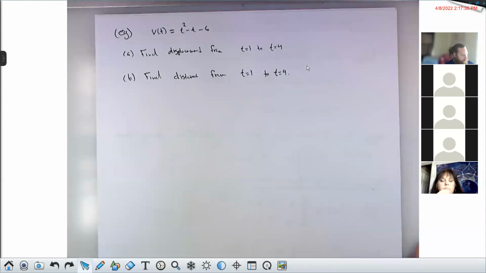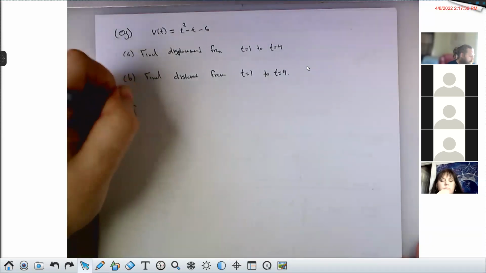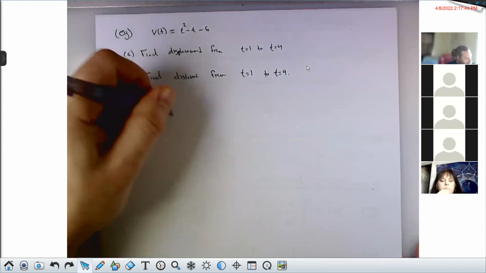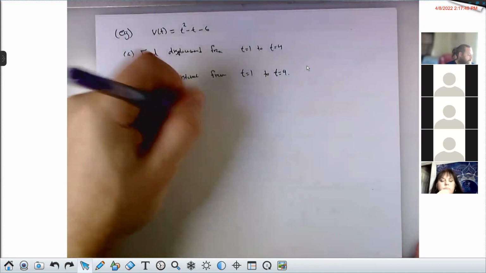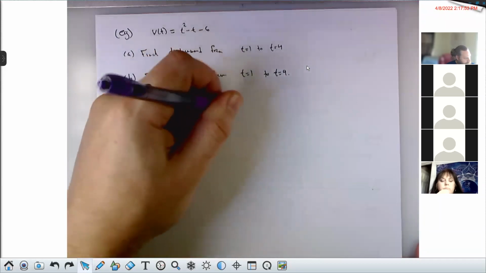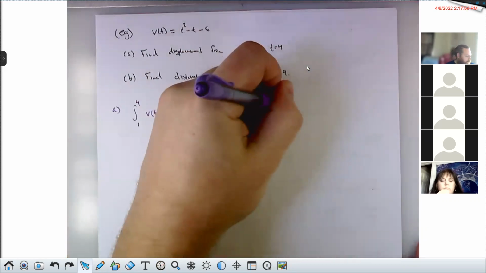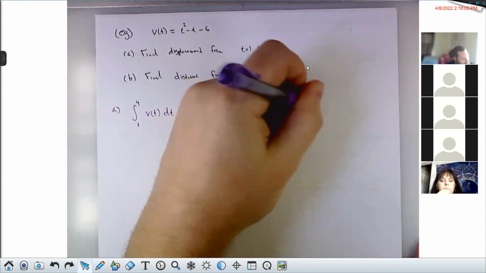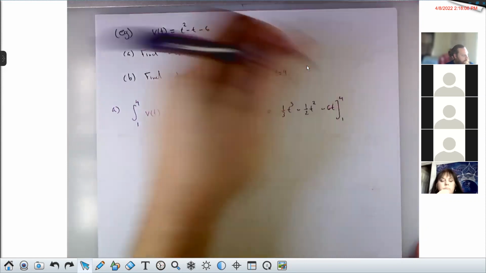So for part A, we know what to do. We're just going to integrate from 1 to 4, v of t itself. That's how you get the displacement, which is the integral from 1 to 4 of t squared minus t minus 6 dt, which is 1/3 t cubed minus 1/2 t squared minus 6t evaluated from 1 to 4.